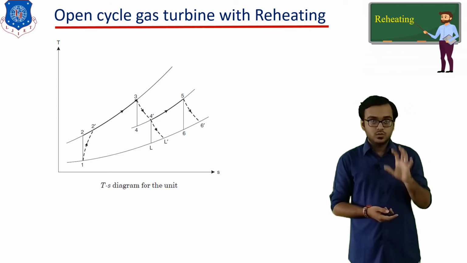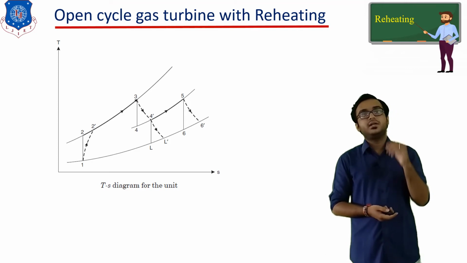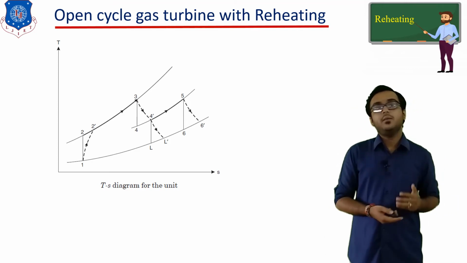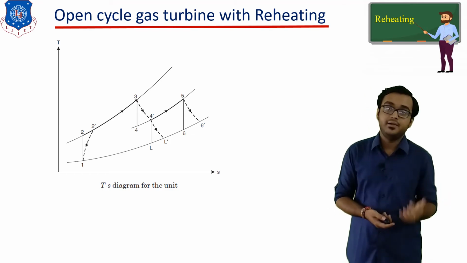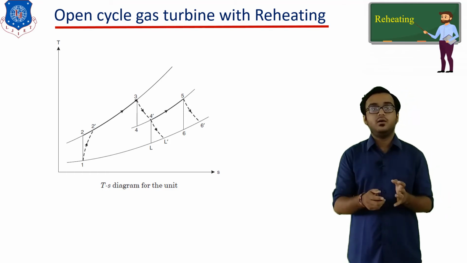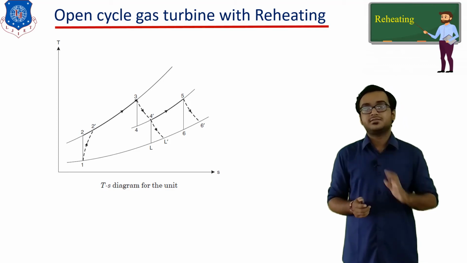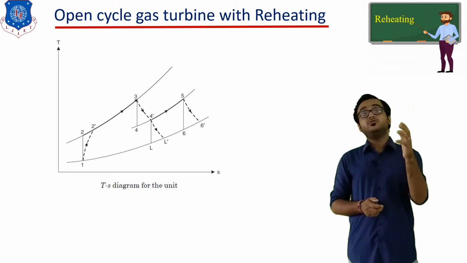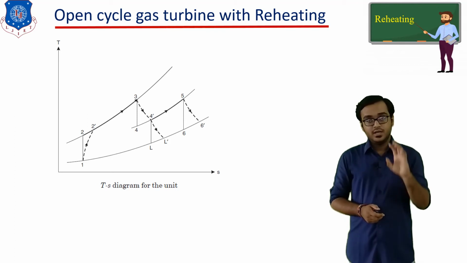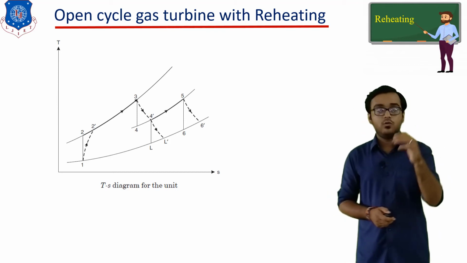Okay. So whenever you are dealing with the TS diagram, at that time you need to keep the system layout in your mind. Without the system layout, you are not capable of producing the TS diagram. And once we have the TS diagram with us, then we can proceed for the mathematical analysis. In this diagram, you can easily correlate one thing.